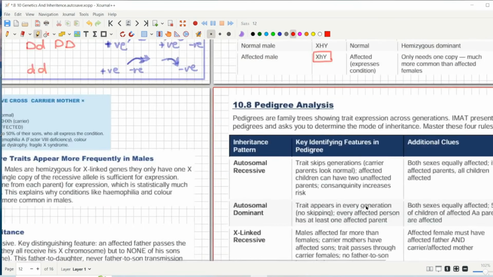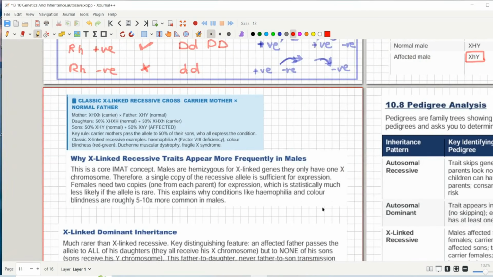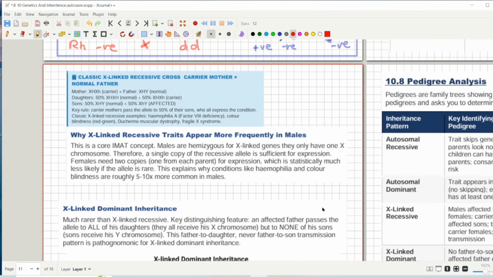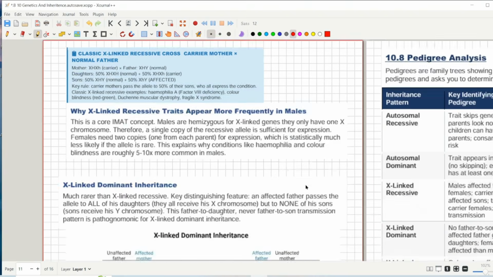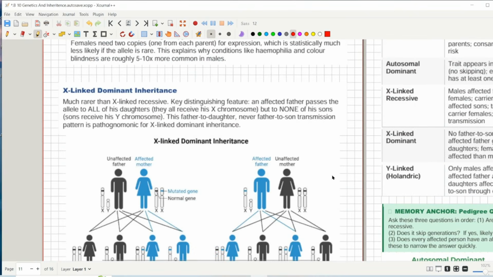Let's move on to our next point, that X-linked recessive traits appear more frequently in males. We have already discussed it. The cross about a carrier mother and normal father, we have already discussed that. So this was all about X-linked recessive traits. Let's move on to our next topic, X-linked dominant traits.